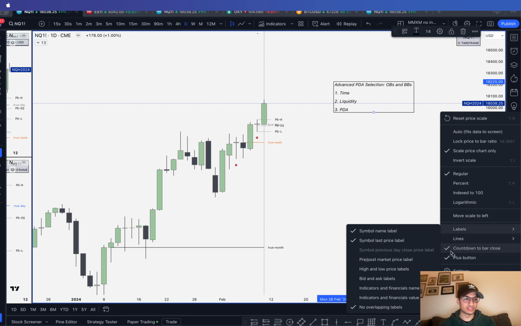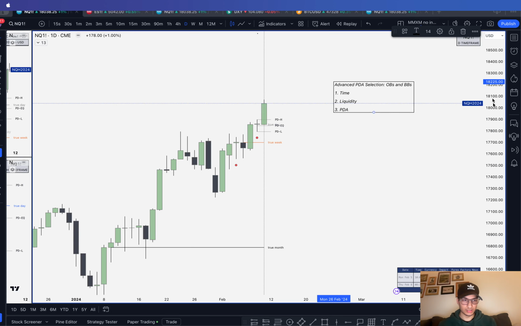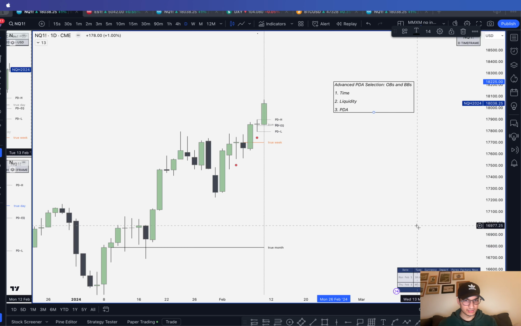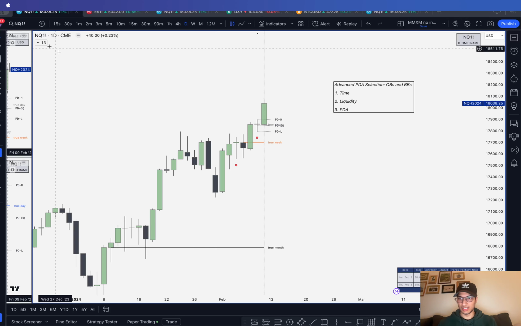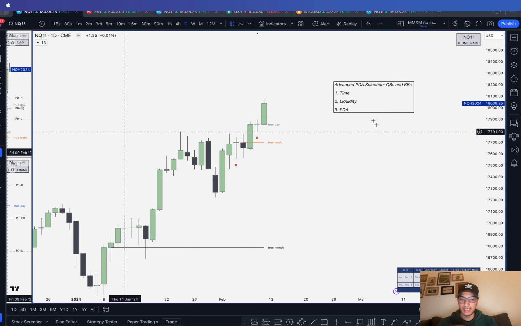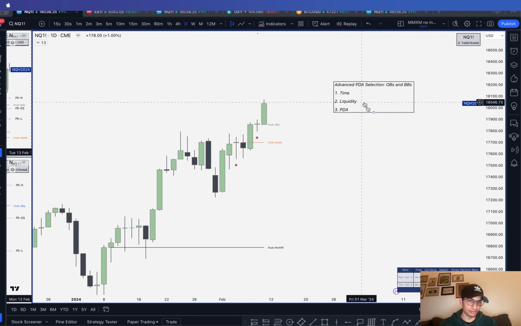I'm going to move this thing one second. No, that's not it. I want to get rid of that line. There we go. Okay. And also hide this thing that gives me this line so we can just have a clean chart. Okay, so by the nature of this statement, we care about time, then liquidity, then PD arrays.